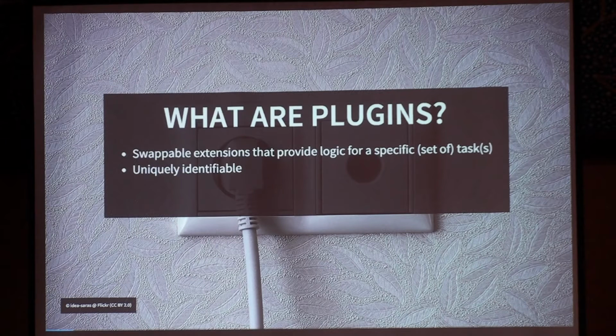What we call a plugin in Drupal 8 is something that is uniquely identifiable. It's not just swappable like a cache backend, but we can also identify which particular implementation we're talking about. We don't know that about cache backends, but plugins in core like views, fields, field types, they have IDs, they have machine names. If we have a plugin ID, we can retrieve a plugin based on that.